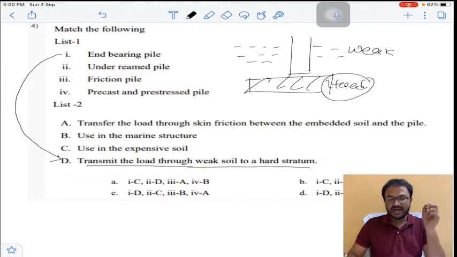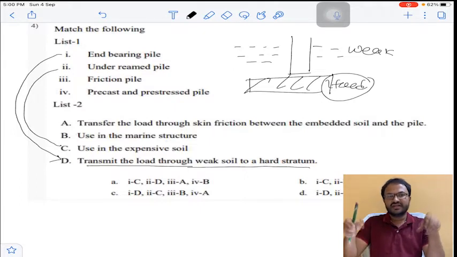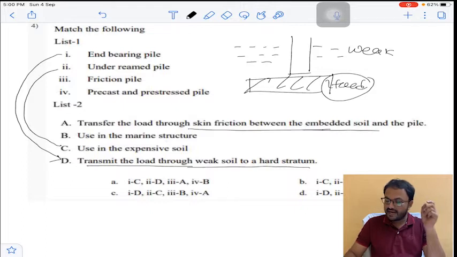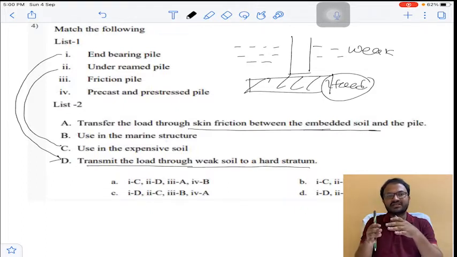And under-reamed piles, I already told, can be used in expansive soils. Friction piles are the piles which resist the load through the sides of the surface, that is skin friction between the pile and the surrounding soil present beside the pile.